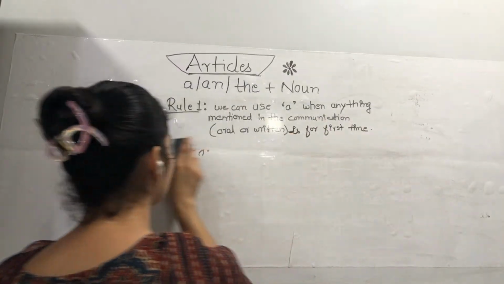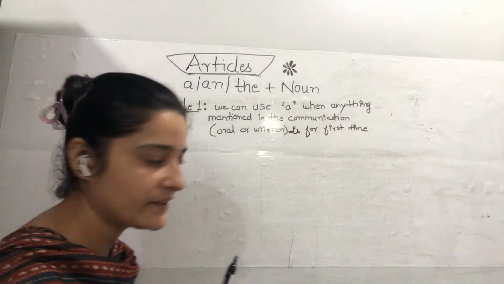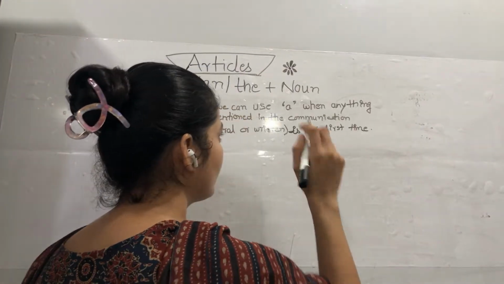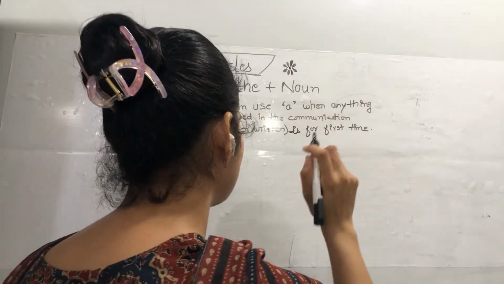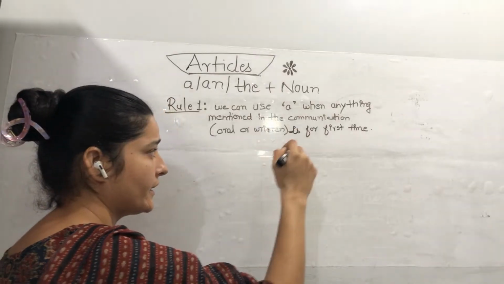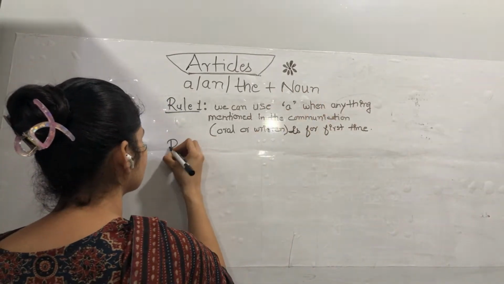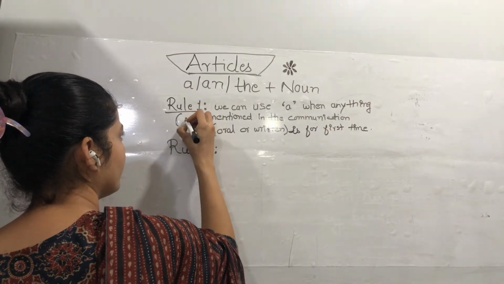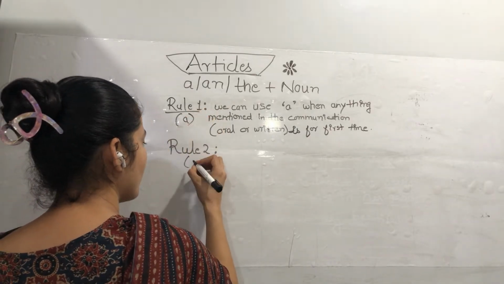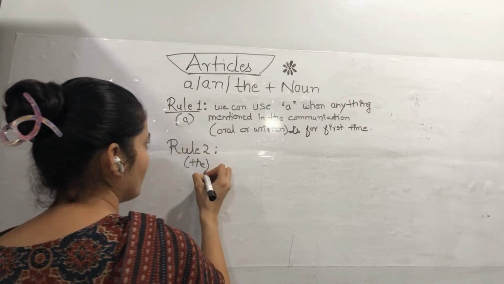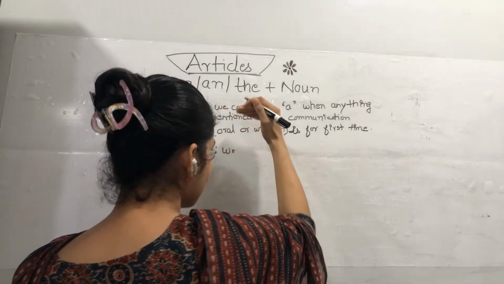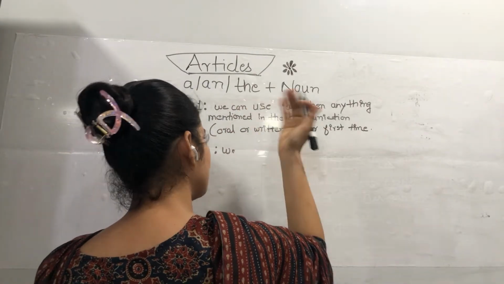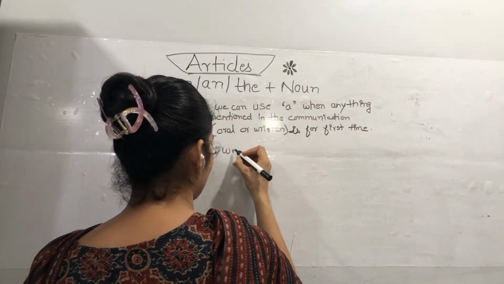So I hope the first rule is quite clear: we use a when anything mentioned in the communication, oral or written, is for the first time. The second rule is for the. Because this is similar to this one, I will mention it as a mix.